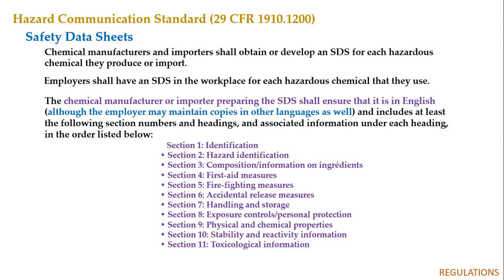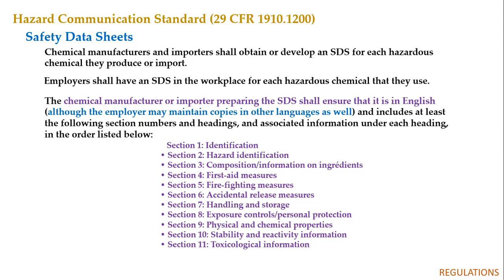The chemical manufacturer or importer preparing the safety data sheet shall ensure that it is in the English language, although the employer may maintain copies in other languages, and that it includes at least the following section numbers and headings, and associated information under each heading, in the order listed below.